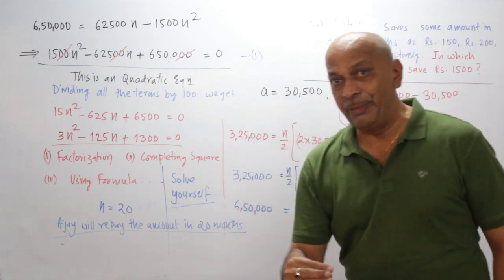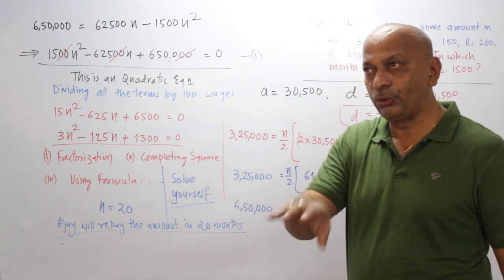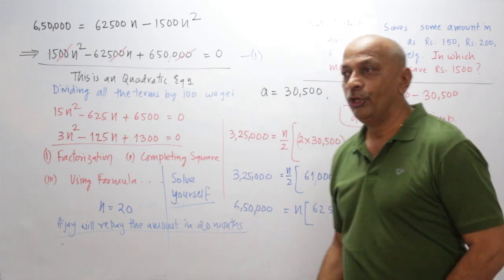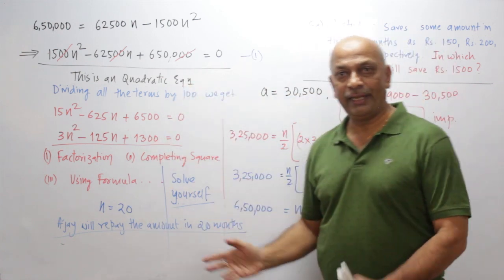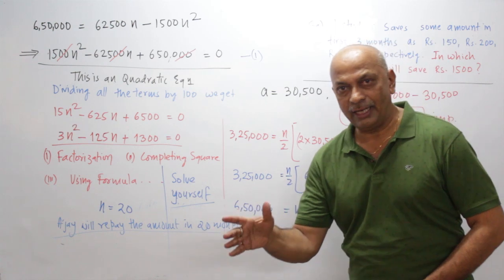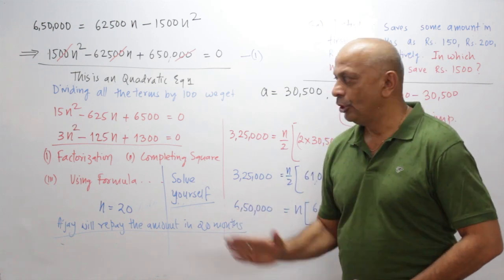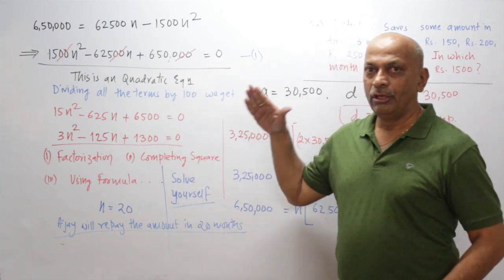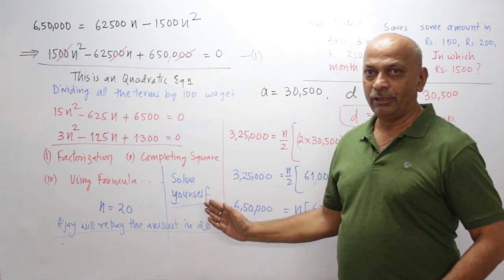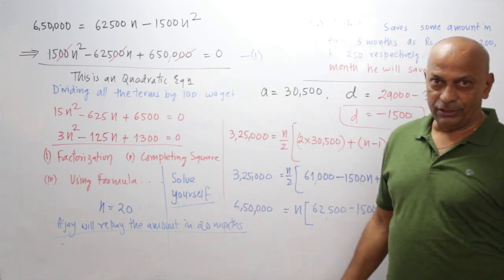The questions are simpler, but you should be able to convert that word problem into a mathematical expression. At the same time, you should be able to solve the quadratic equation and the linear equation, so that you get the right answer.